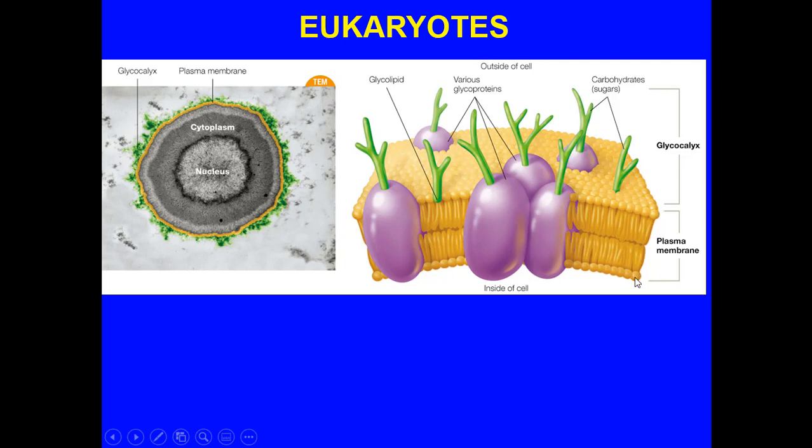Here, as we've seen the plasma membrane, lipid bilayer, we'll note that there are some other structures inserted into the exterior. This is the outside of the cell. And these are carbohydrates. Some of them are attached to various proteins, thereby forming glycoproteins.